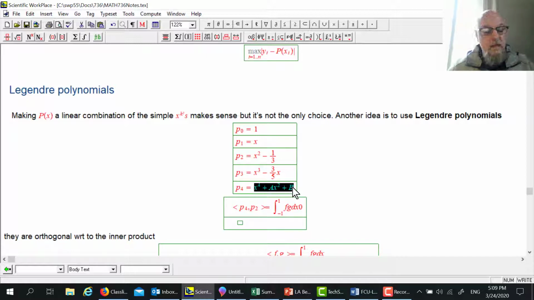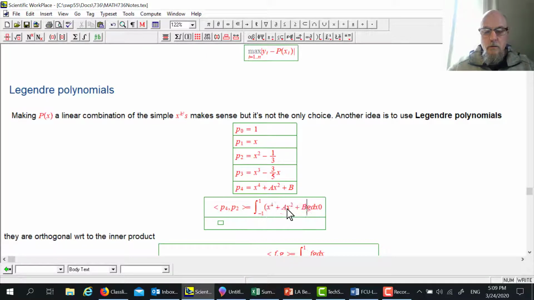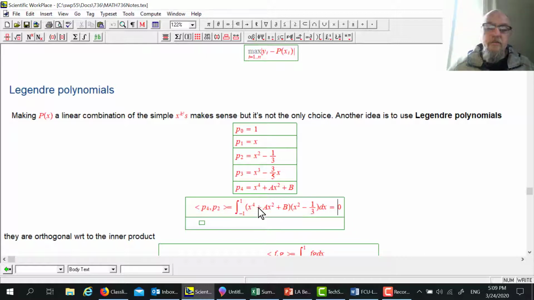We don't know what the A and the B are yet. And P2 is this polynomial. I know what this one is. And when I do this integration, sub in the top, sub in the bottom, that's going to give me one equation with capital A and capital B in it. That'll make P2 perpendicular or orthogonal to P4.